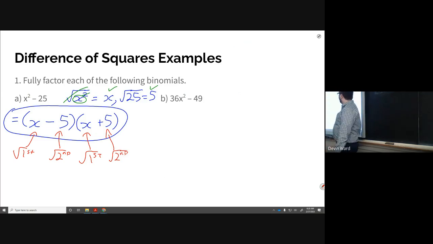But all you want is x minus 5 times x plus 5. It might seem like a complicated formula, but it really works out to something pretty easy. Same two numbers, just subtract and plus.